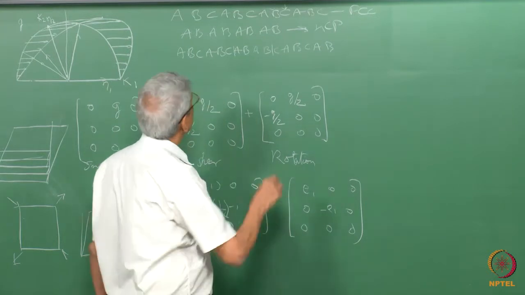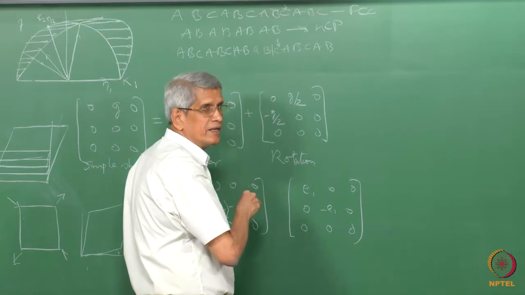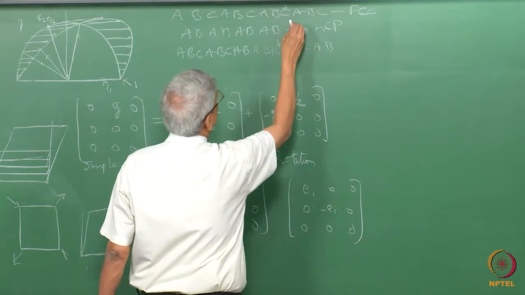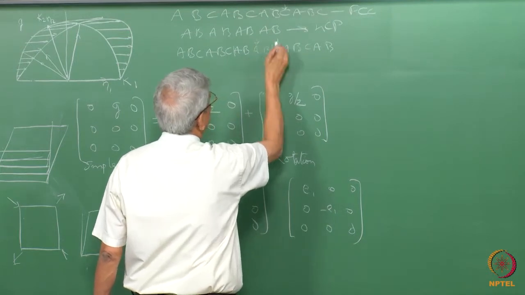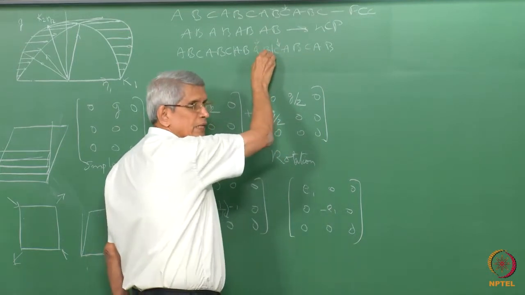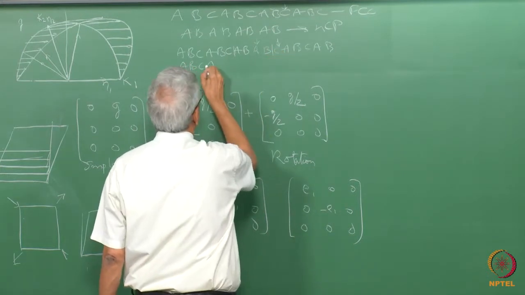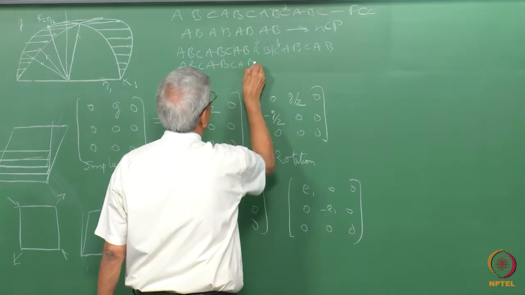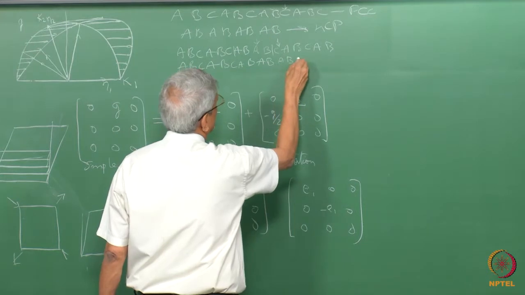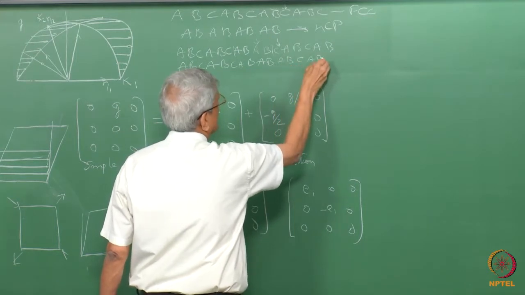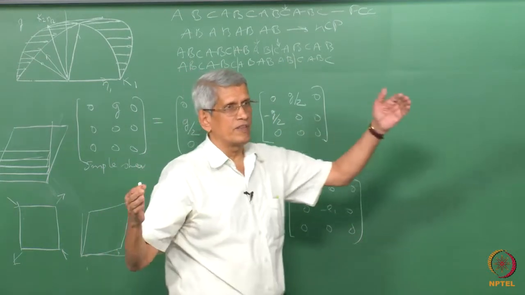Now, if I introduce a stacking fault again here, leaving one layer and doing it on an alternate layer, then what will happen? ABC, ABC, AB, AB, this C will become A, this will become B, ABC, right.